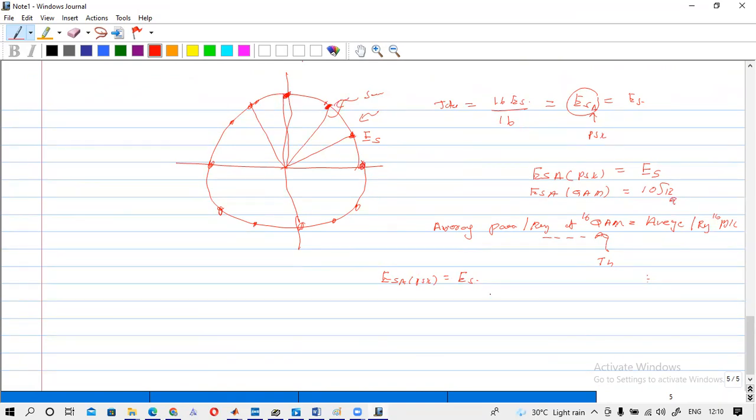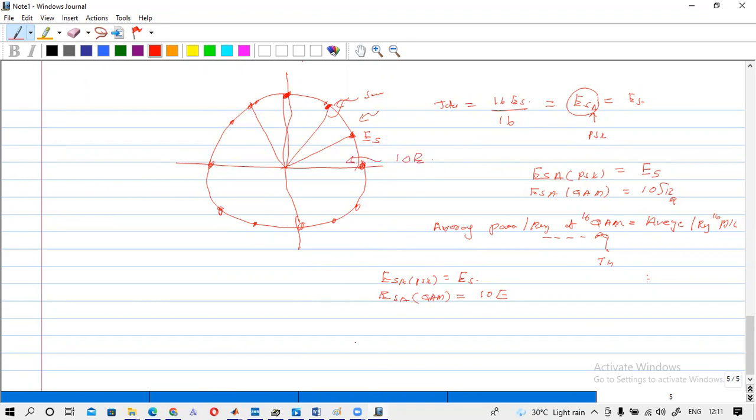Now what is the thing? You have to equal the average energy of the QAM signal. What is the average signal energy of the QAM constellation? That is 10E. Now the average signal energy of this constellation is also 10E.